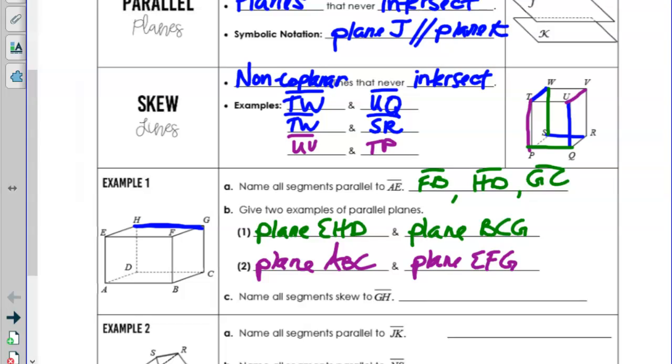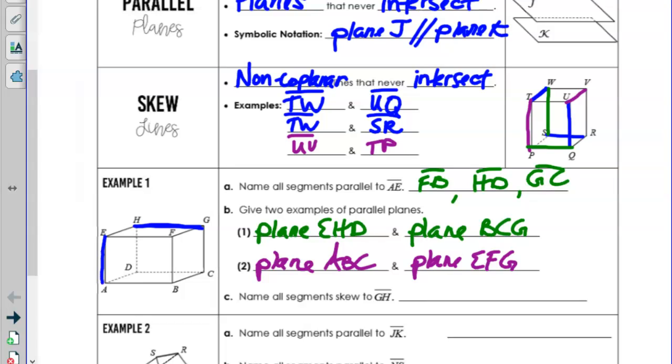What does that mean? Skew, that's where they're going like this. They're not going to intersect, but they're not in the same plane, so they're not parallel. Zach, can you give me an example? AD. AD would be parallel to HG. Katie? EA. EA, very good.